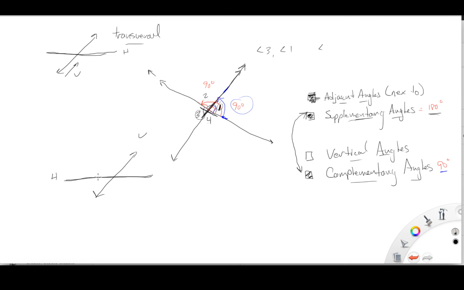So let's look at a couple of other examples that they give us. And in your lesson, you're going to see something that looks like this. Where the angle is, we're looking for several different angles. Okay.